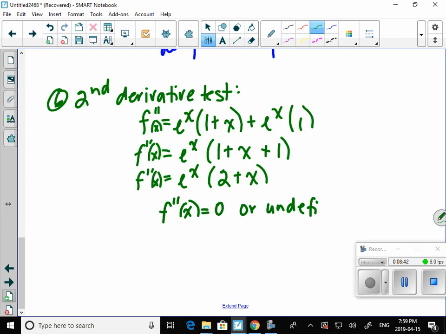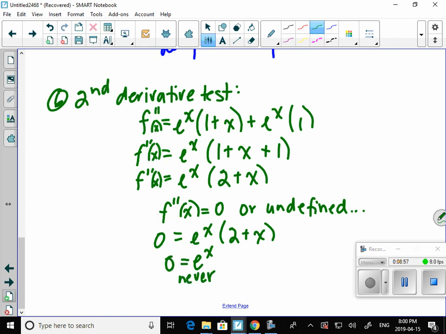It is never undefined. So my second derivative is 0 when e to the x is 0, which is never, or when the bracket is 0, which is at x equals negative 2.